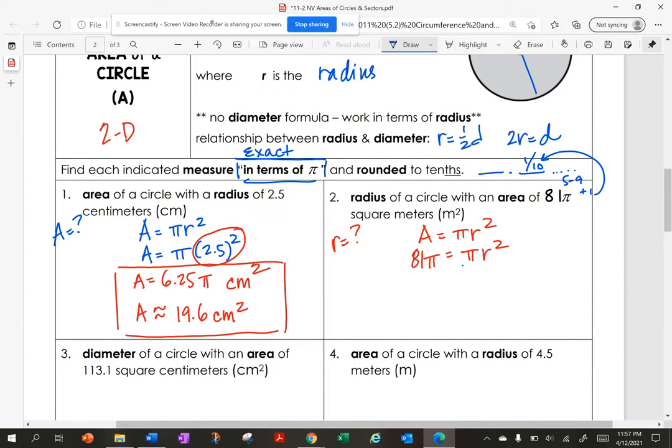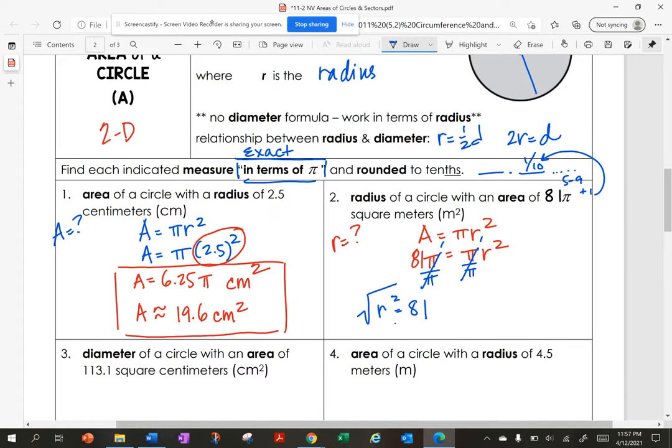Okay, I'm going to divide both sides by pi because I'm trying to isolate the variable. So pi divided by pi is 1. Pi divided by pi is 1. So I get r squared equals 81.